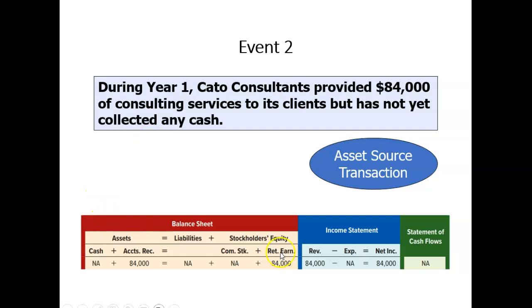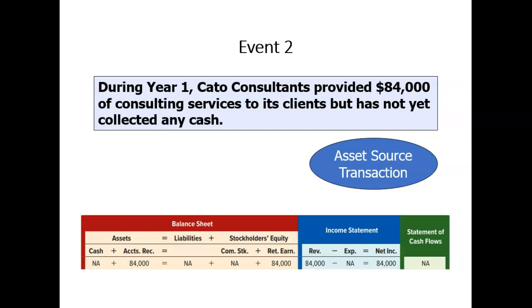So notice on the accounting equation under assets, we have a new account title called accounts receivable. It's known as accounts receivable. This account shows money that is owed to the business from providing services or from the sale of products.